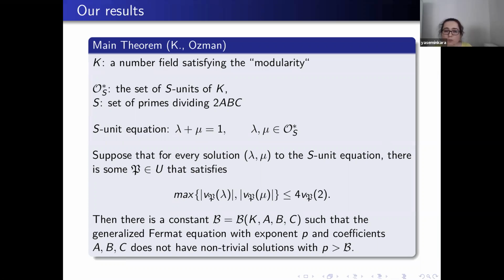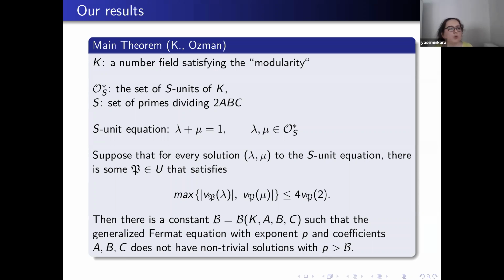If your field satisfies such an inequality, then you can prove that there is a constant depending on your field, of course, and then a, b, and c. Then you can prove that for any exponent bigger than this constant, the general Fermat equation doesn't have any non-trivial solution.